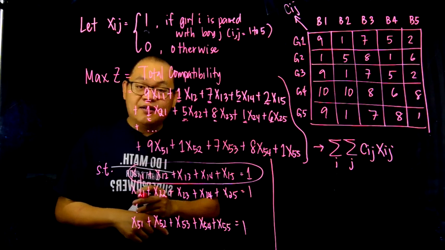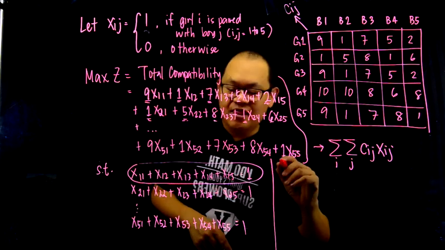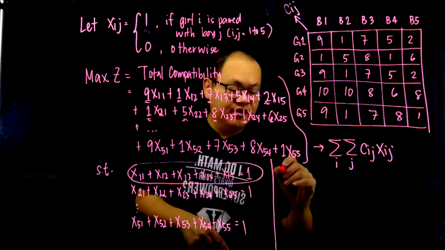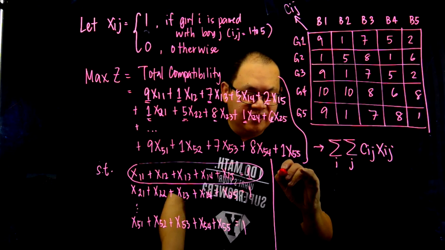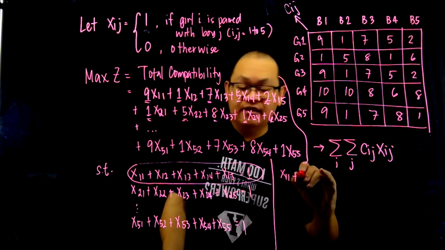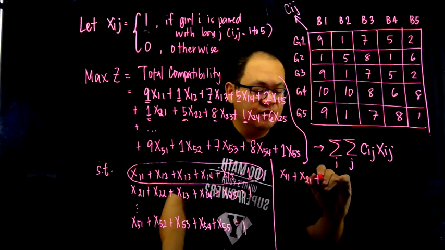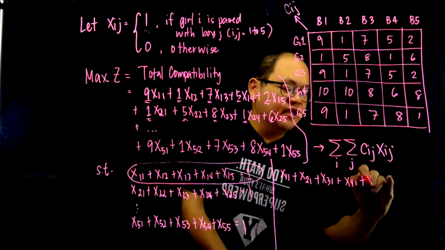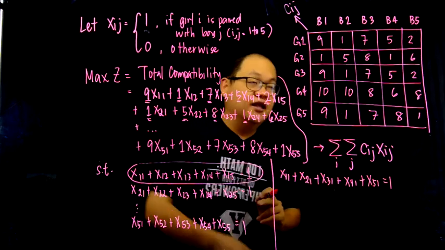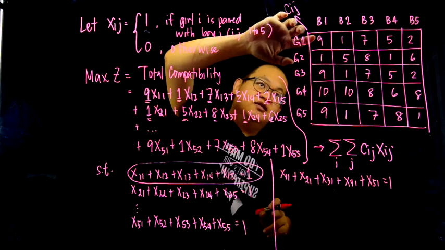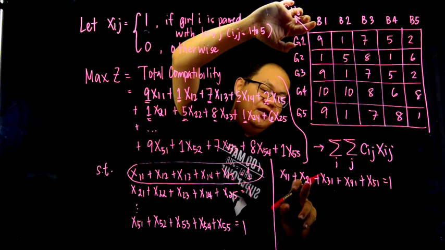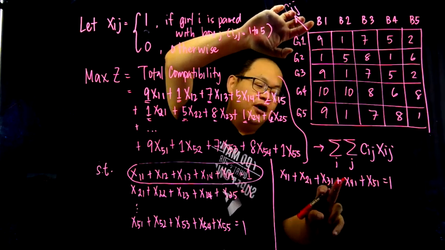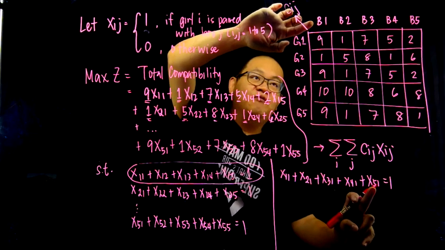Now, because we practice monogamy, we also have to have the same set of constraints for the boys. And the constraint will look like this: x11 plus x21 plus x31 plus x41 plus x51 equals 1. As you can see, x11 is girl 1, boy 1. x21 is girl 2, boy 1. Girl 3, boy 1. Girl 4, boy 1. Girl 5, boy 1.